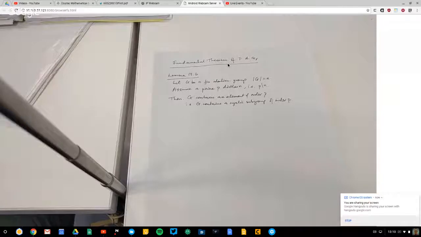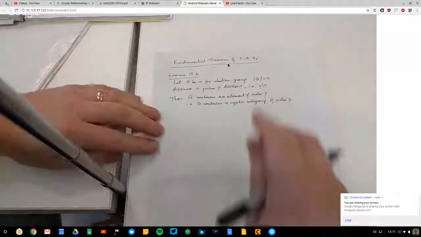You just get all the powers of that element until it returns to the identity. So it's going to be P different elements. Is that big enough for everybody? Yeah. That'd be clear.